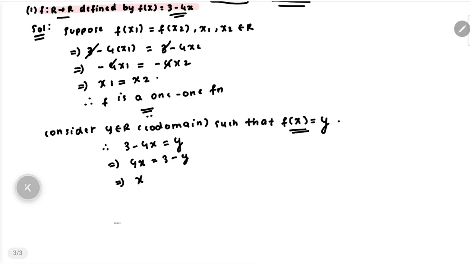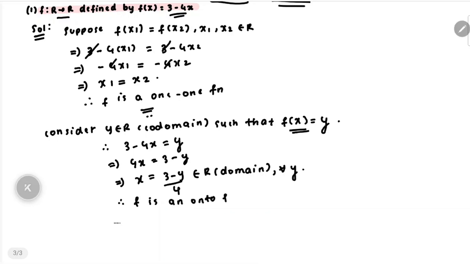And finally shift 4 that side: x equals 3 minus y by 4. This belongs to R, the domain, for all y. So till here you will get full marks. I mean, you have to write f is an onto function. Till here you will get 4 marks.